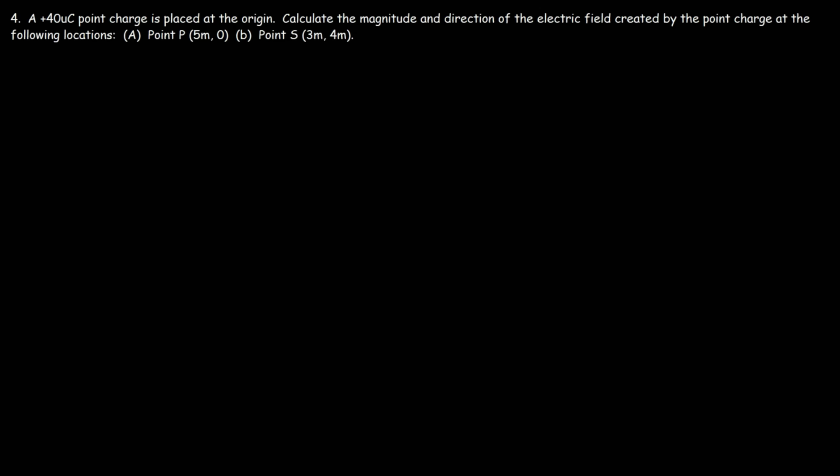Number 4. A 40 microcoulomb point charge is placed at the origin. Calculate the magnitude and direction of the electric field created by the point charge at the following locations. So let's draw the point charge first.